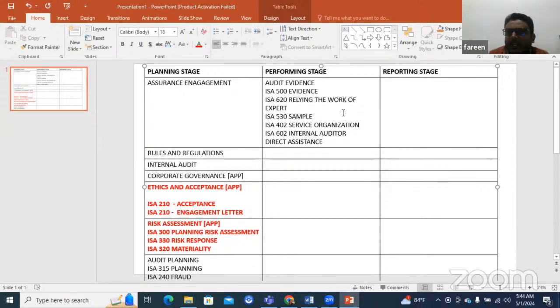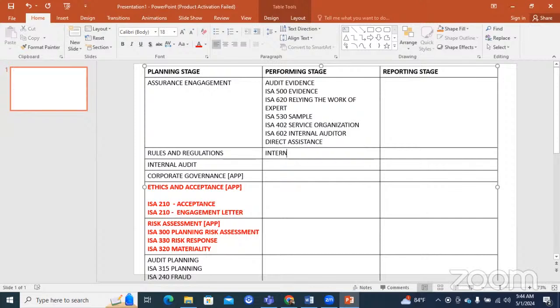Students, not only that, you might study again internal controls. You might study something called internal controls, right? That is the COSO model. And you might study test of control, another important application area.